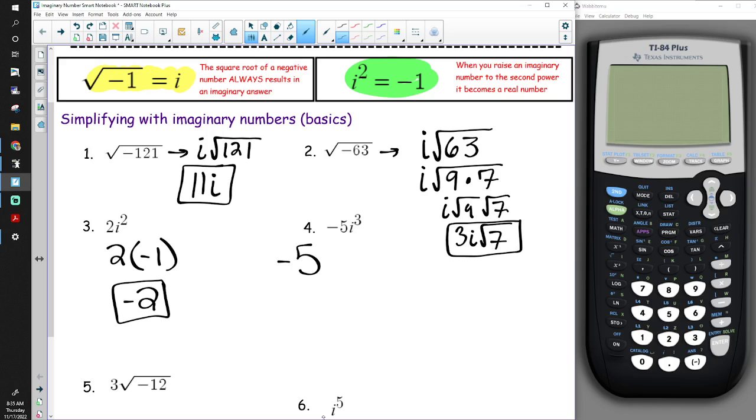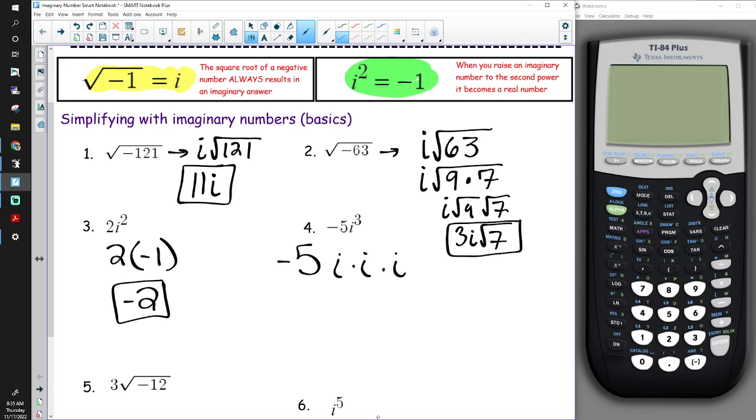i to the power of 3 means i times i times i, right? A number to the power is a number times itself that many times. i times i times i is the same as i to the power of 3.